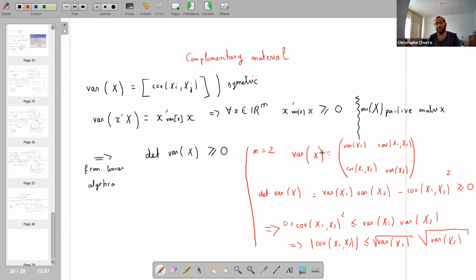So from the fact that the variance covariance matrix has some property, that is to be symmetric and to be positive in the sense of the matrix, and you know this notion because you do a course of optimization for most of you, and you know that when you want to optimize a mapping from R square into R, you have to solve the Euler conditions to find the possible candidates for being a min or a max.